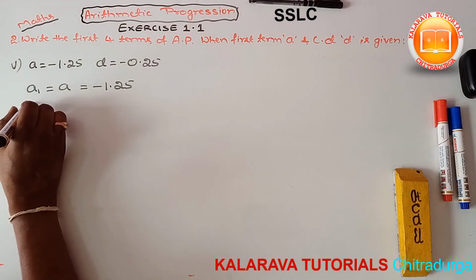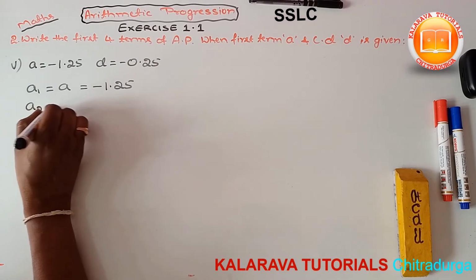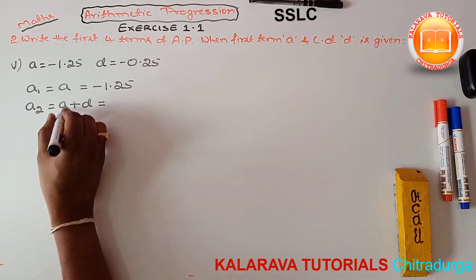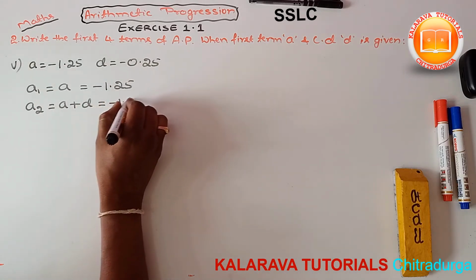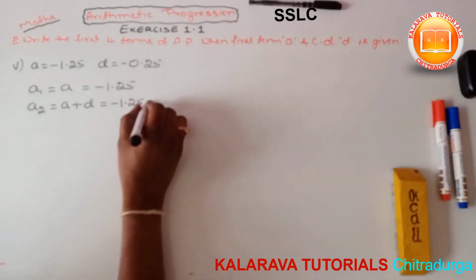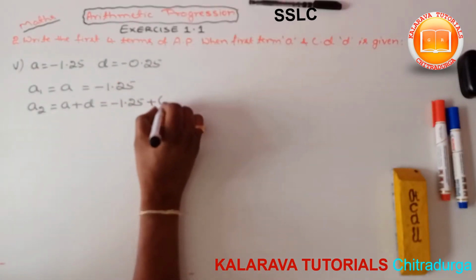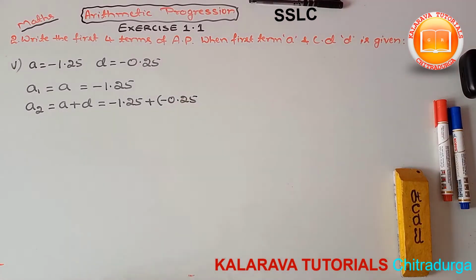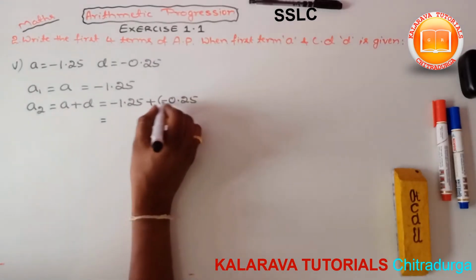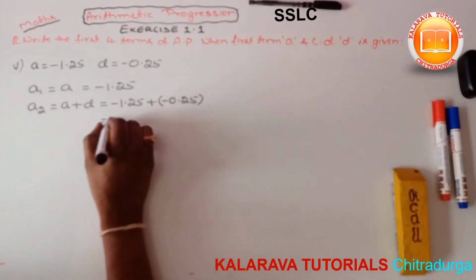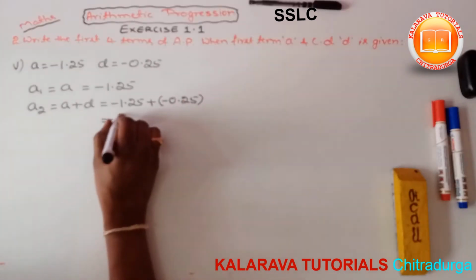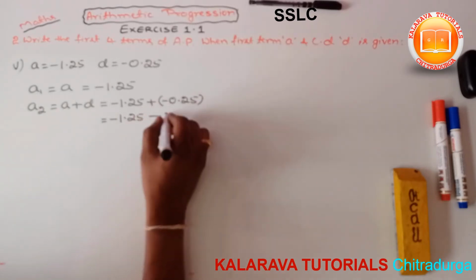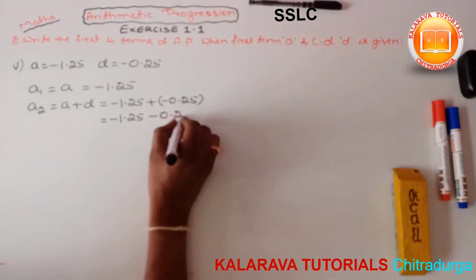Now we have to find the second term, a2 is equal to a plus d, that is a is minus 1.25 plus d is minus 0.25. So now we have to add these two terms.